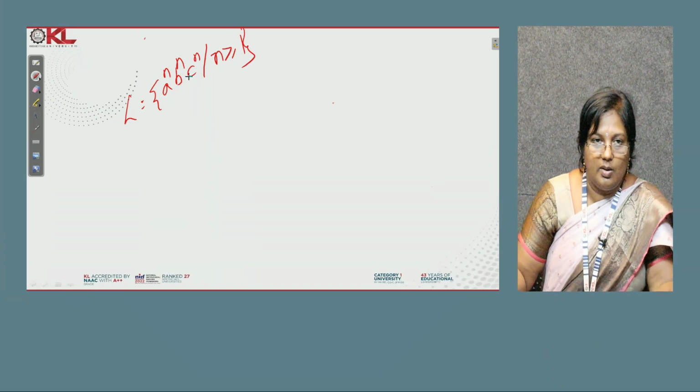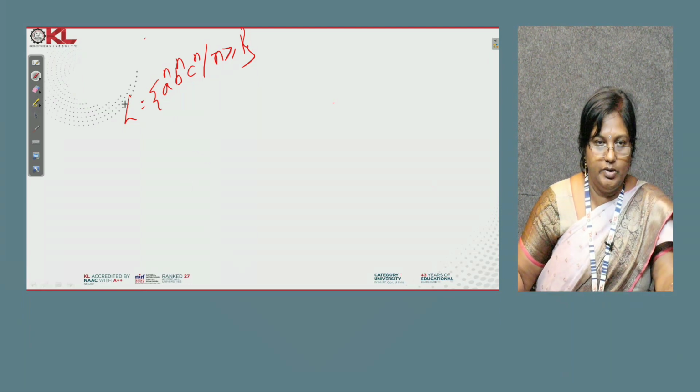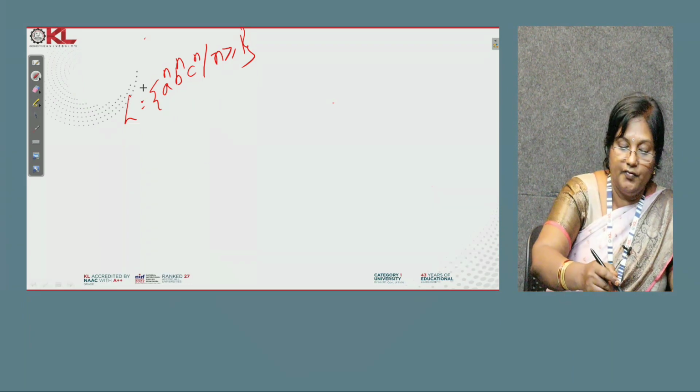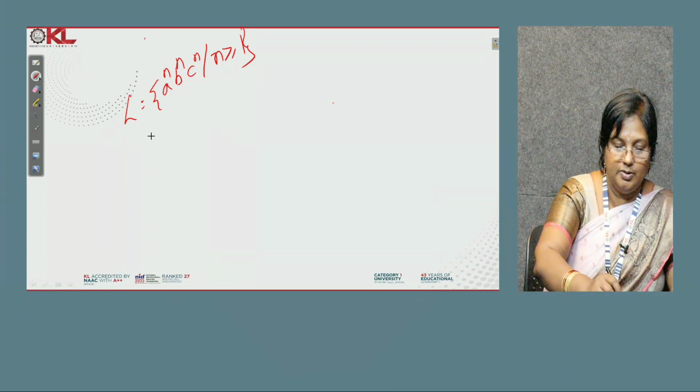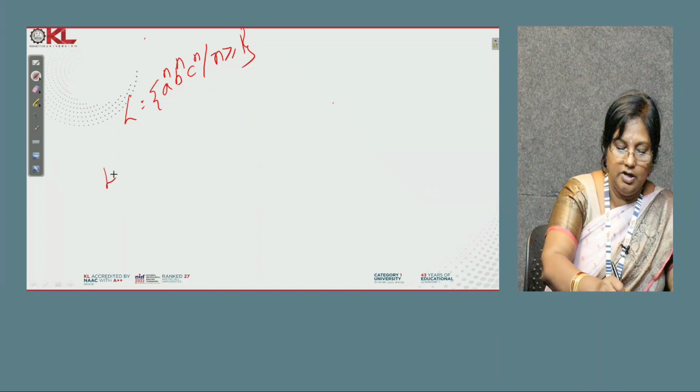I want to apply the linear bound automata to find a language that is acceptable with the string. First of all, we need to write the language. What kind of strings will it accept?